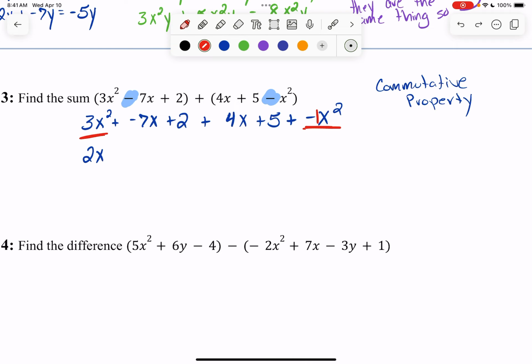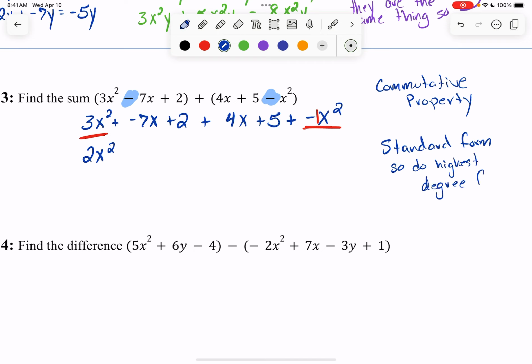And I tend to tackle the term with the highest degree first because we want to leave our answer in standard form. I want it to be in standard form, so to make life easier, do highest degree first. Okay, so we're going to go ahead and do that.